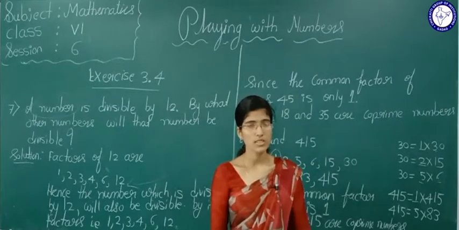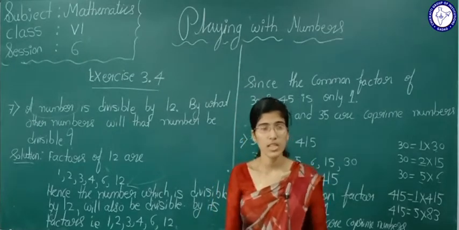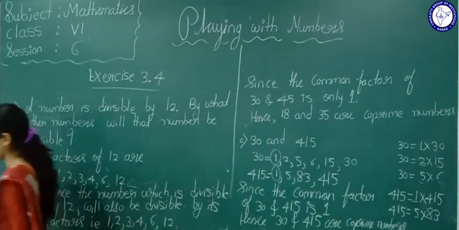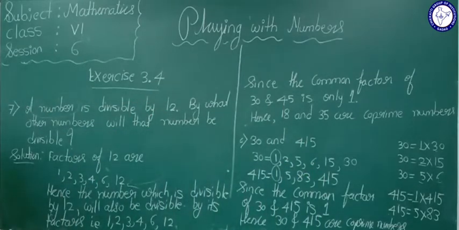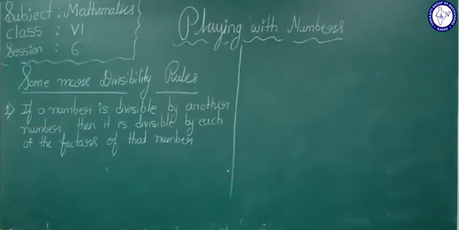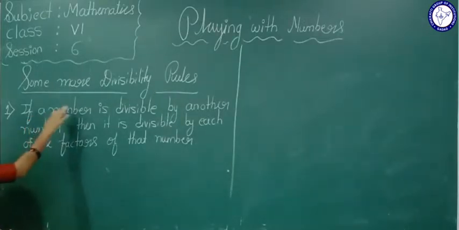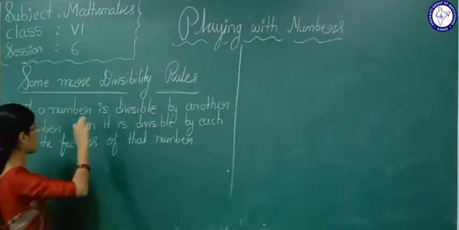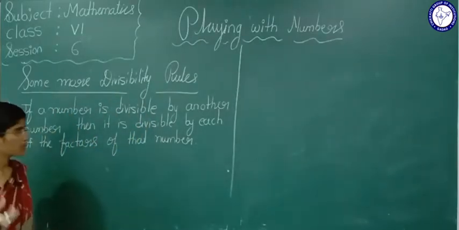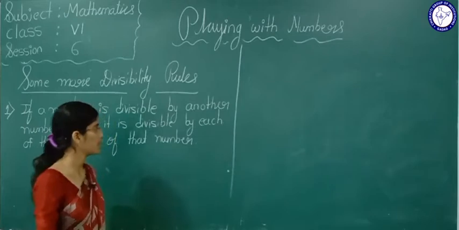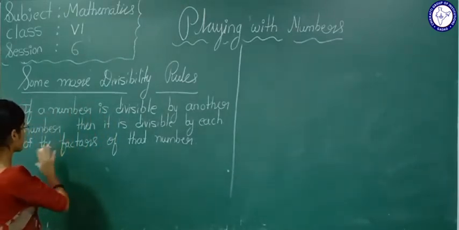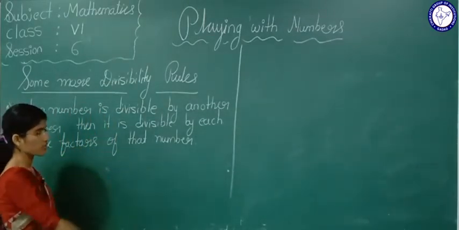The next concept is some more divisibility rules we are going to study. Now see here, some more divisibility rules. The first rule tells us that if a number is divisible by another number, then it is divisible by each of the factors of that number.